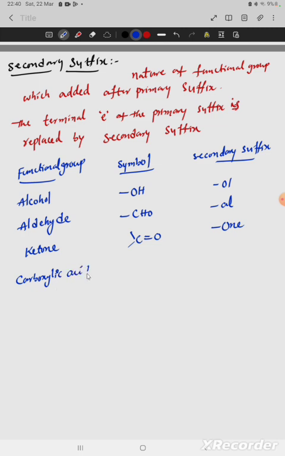Its functional group is COOH, and this is oic acid. The next one is amine. Amine is the NH2 group. Its suffix is amine.